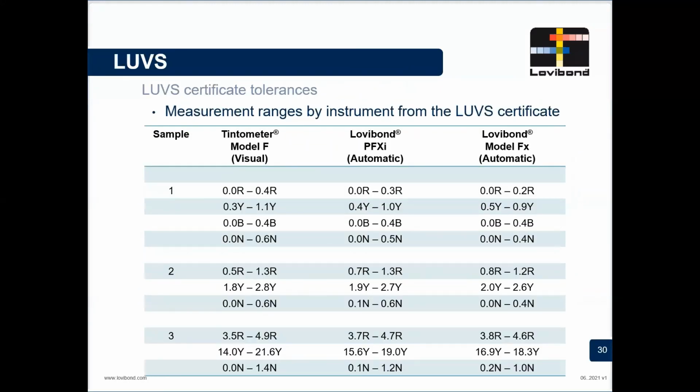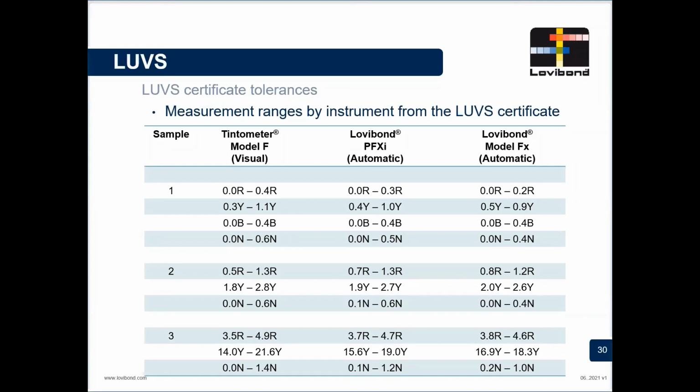So if we look at the tolerance ranges from the certificate, I've got up to 0.4 blue possible on our light sample. In sample 1, my yellow values vary from 0.3 to 1.1, and a visual instrument much tighter, 0.5 to 0.9. We were reading 0.7, 0.8 on our sample. So everything fits together there on the first sample.